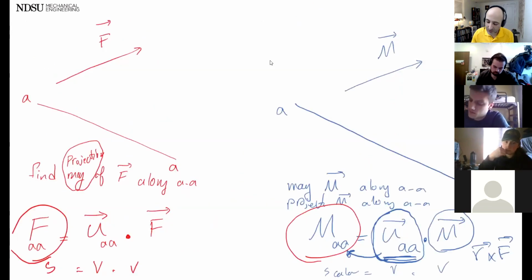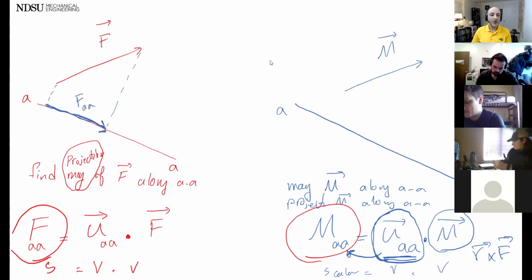When I talked about projection of this force on this axis, FAA, what we find here is the magnitude of projection, magnitude of component. But that component is still pointing somewhere. So it really has a direction to it too, but I'm not finding that direction.